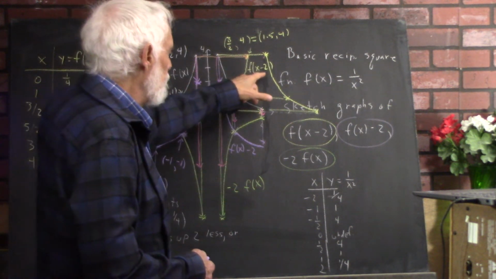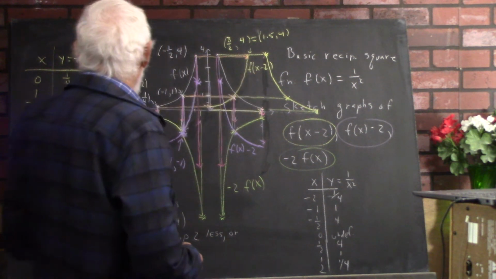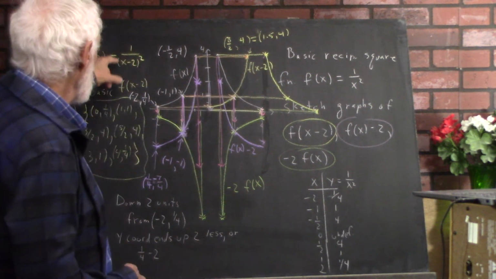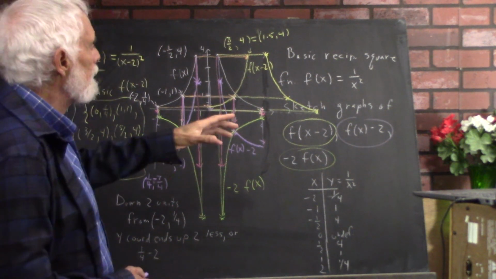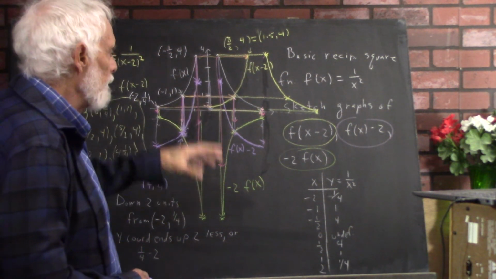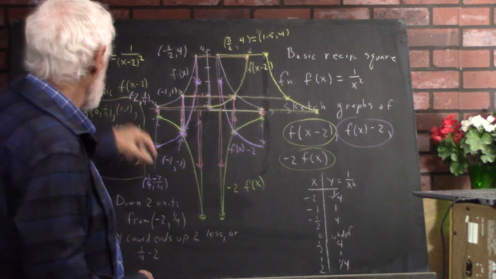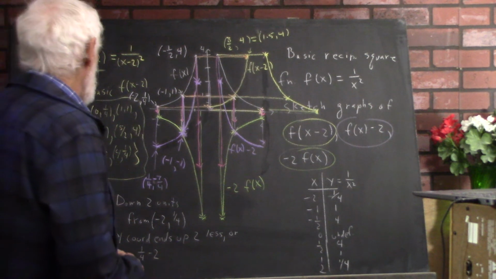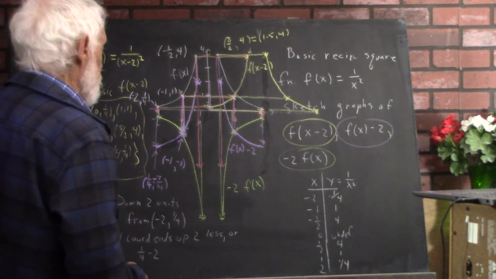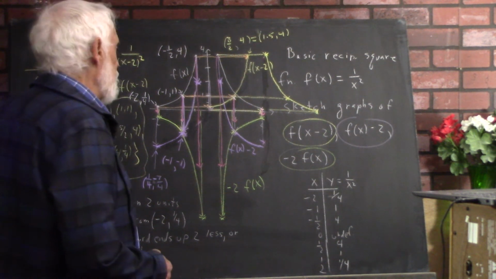And that would be f of x minus 2. And f of x minus 2 is 1 over quantity x minus 2 squared. If f of x is 1 over x squared, f of x minus 2 is a composite, 1 over quantity x minus 2 squared. Okay, we did more with that here, and we'll do a little bit more with it.